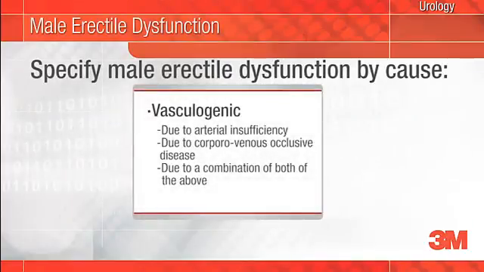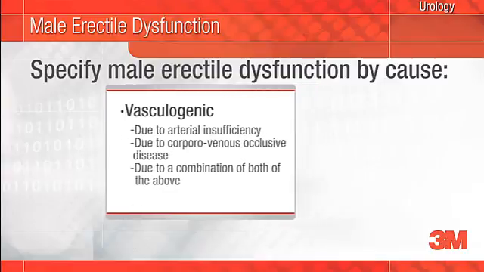ICD-10 uses the more current terminology of erectile dysfunction rather than impotence as the term that was used in ICD-9, and it has significantly expanded the ability to report the cause of male erectile dysfunction. In the case of vasculogenic cause, specify whether due to arterial insufficiency, corporovenous occlusive disease, or a combination of both.